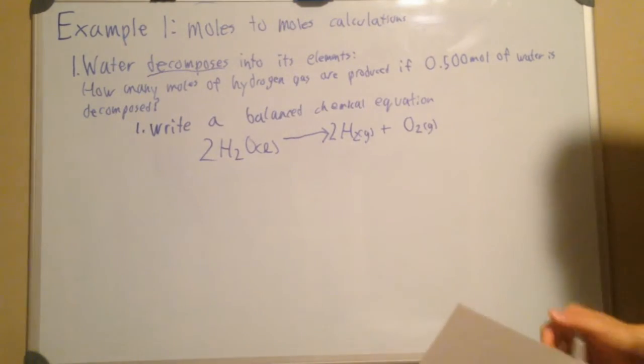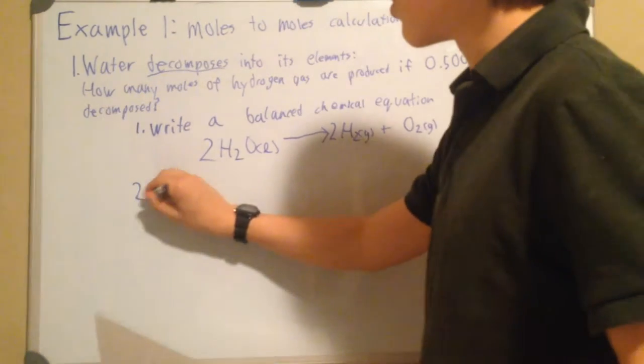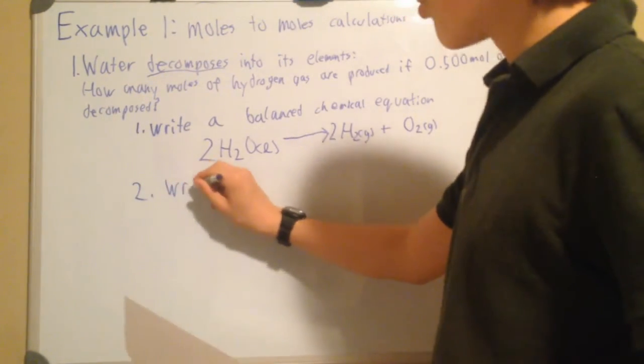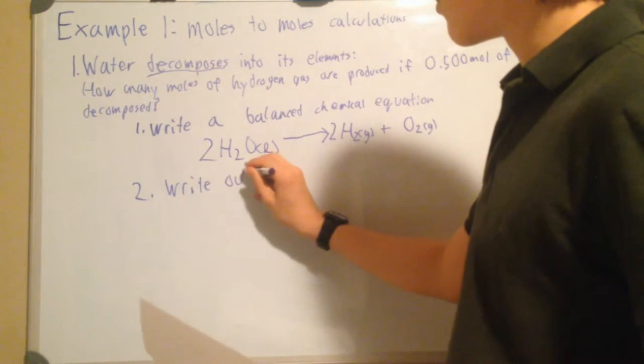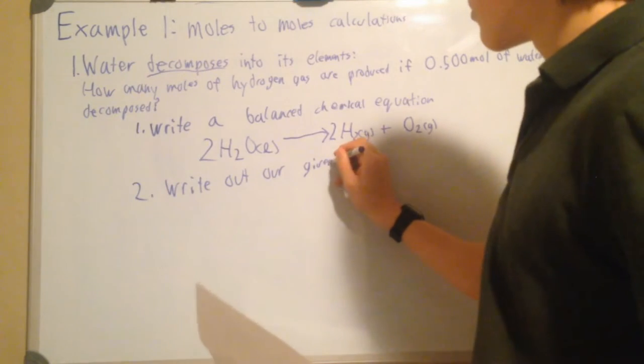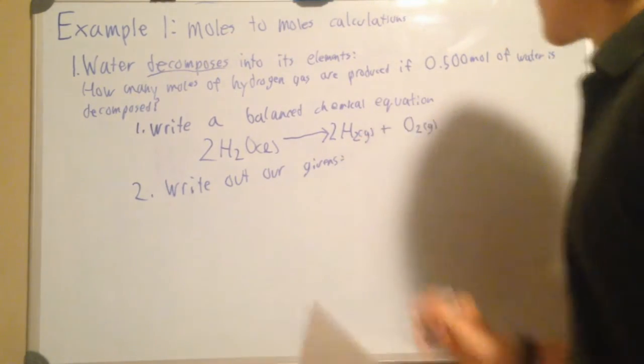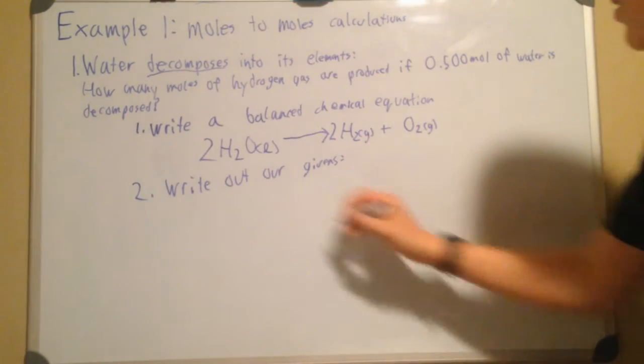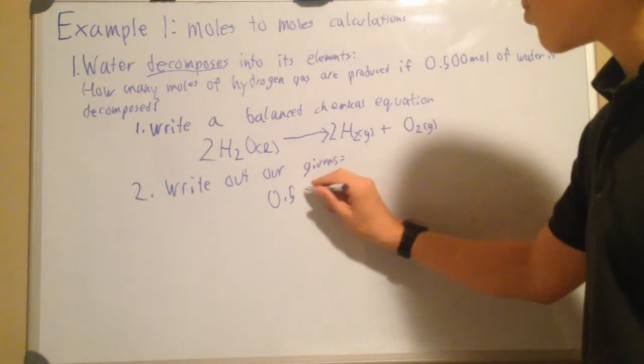Now we move on to our second step. Write out our givens. In this case, they tell us we have 0.500 moles of H2O.